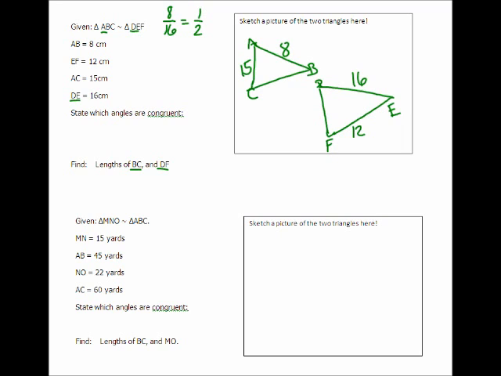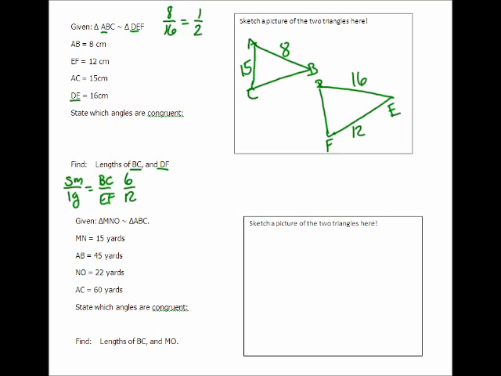Okay. Let's see. BC corresponds with EF, and EF is 12. Now remember, EF is in the larger triangle, so if I'm going small to large, BC is in my smaller, EF is in my larger, and that's 12, so that would have to be 6, right?